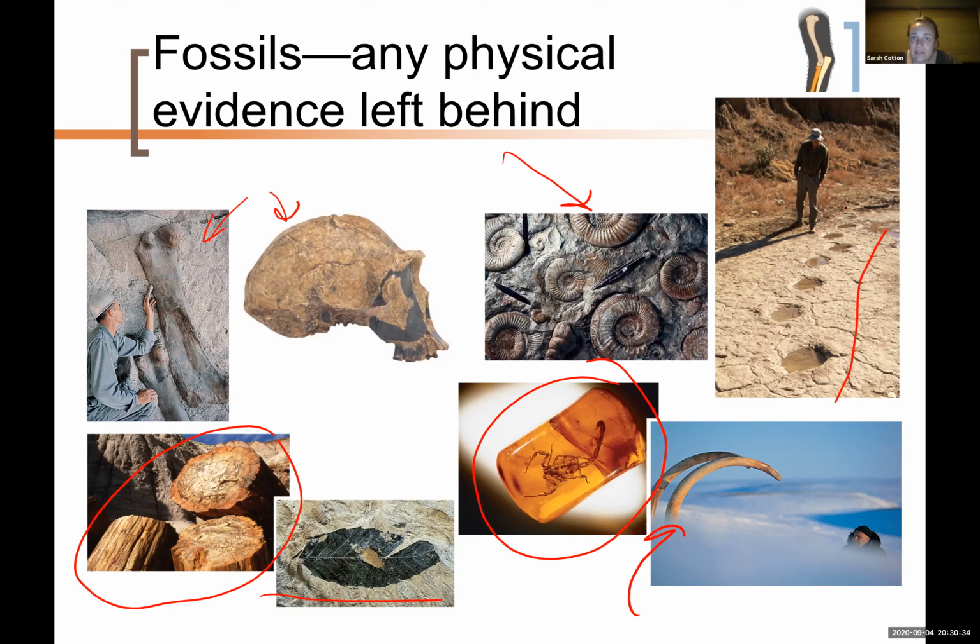So even footprints count as fossils because they're evidence of a living thing. So footprints, slither marks, as something slithered around on the ground, or even imprints of something. So many different kinds of things can constitute fossils. Okay.